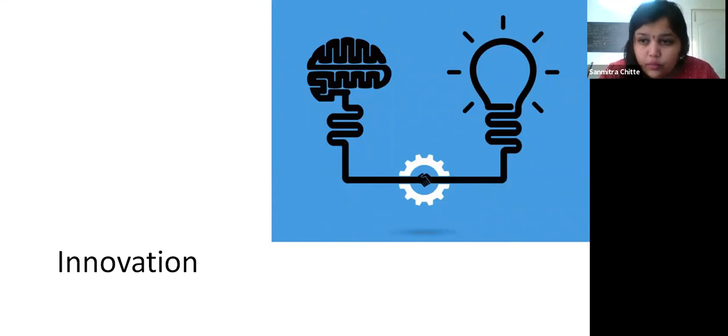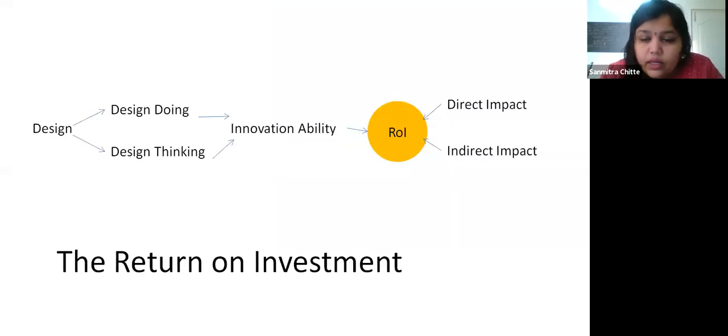So there is this combination of design thinking, doing design, then formulation of design strategy, and then conversion into innovation. This is how it actually works. In design, you come up with a problem statement, you come up with what is happening with the problem statement, and you come up with various ideations towards it in two ways.